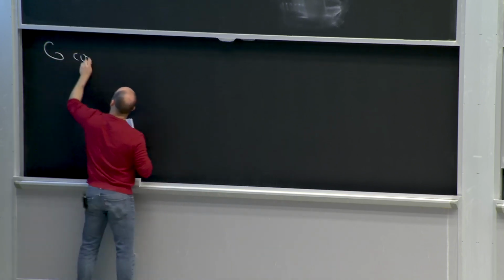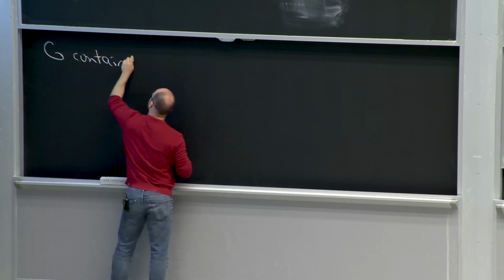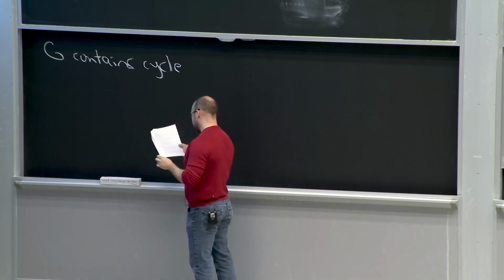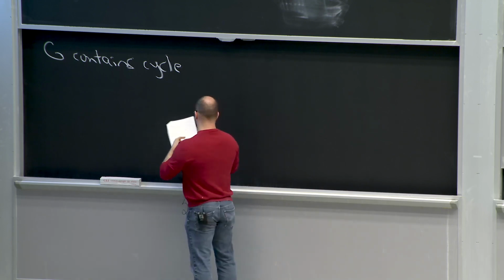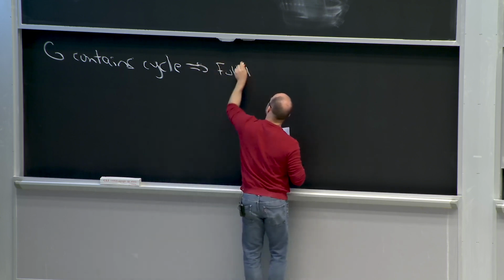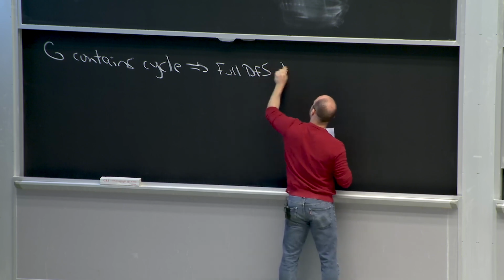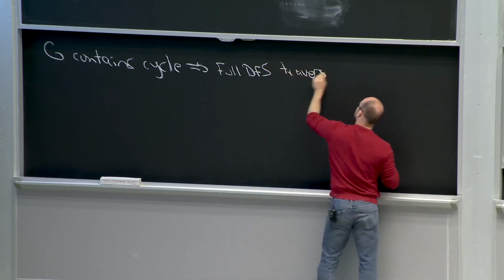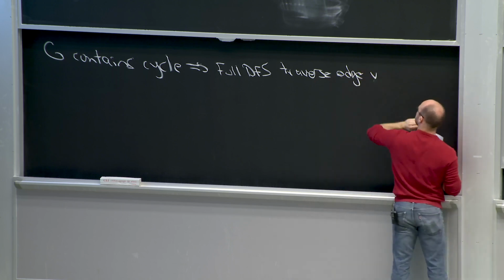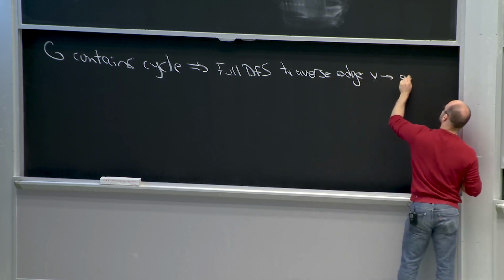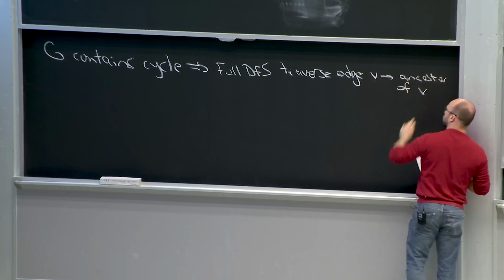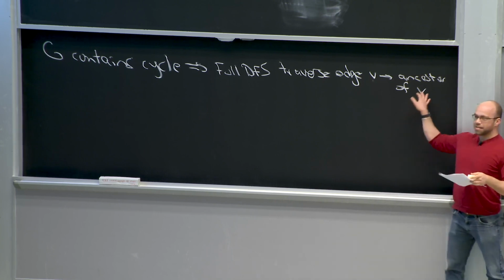And here's the property that we're going to use: if G contains a cycle, then full DFS will traverse an edge from a vertex V to some ancestor of V. I guess we haven't carefully defined the term ancestor here.